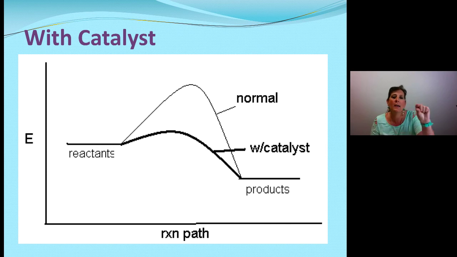And then the thicker line is with the catalyst. Notice it's lower. The activation energy is the height of that hill, and it's less than the normal pathway. So the catalyst gives us a second path. So we have two paths now to get to the products, and we can get there faster. So that speeds up the reaction.